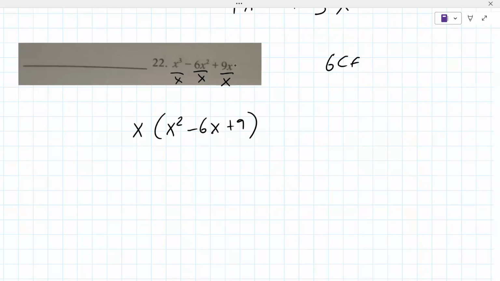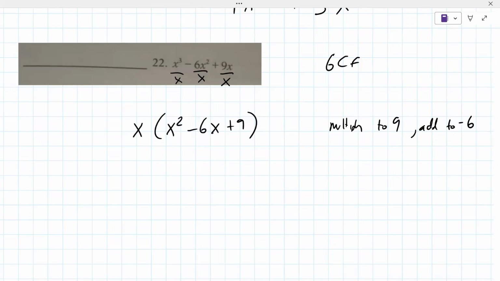Now, what's inside parentheses is something that you can factor. So it's two numbers that multiply to 9 but add to -6.